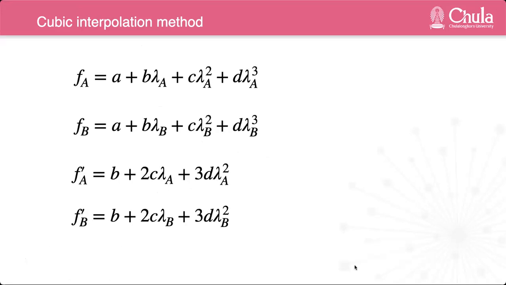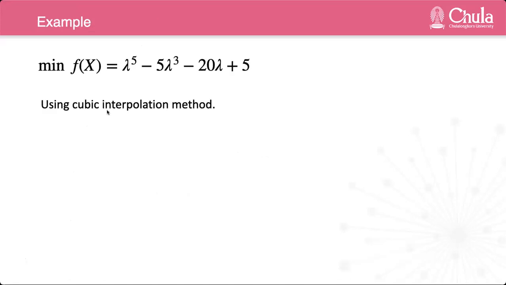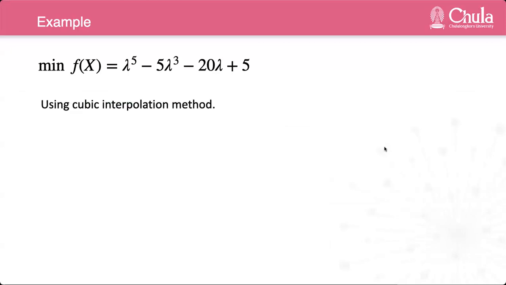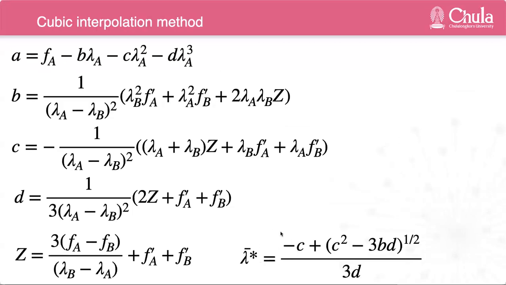We use only 2 points, A and B. We start from A and B, but we use information of the objective function and the derivative of the objective function. Then we find the 4 parameters, and from these 4 parameters, A, B, C, D, we find the minimum point.